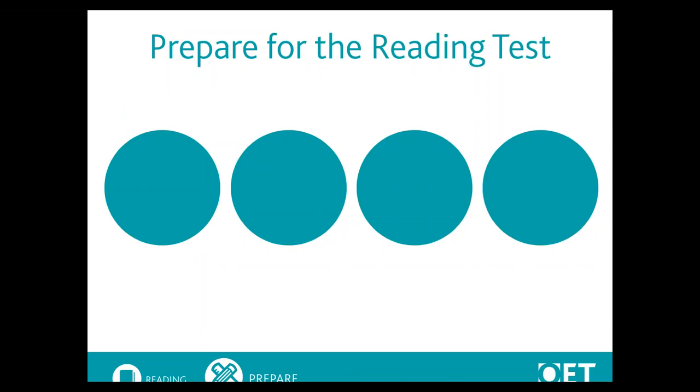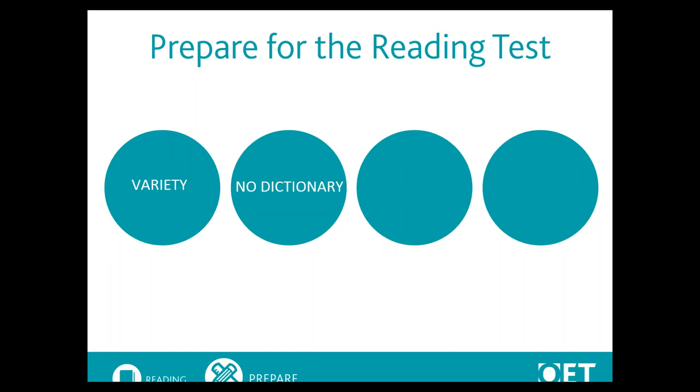To summarise, the best ways to prepare for reading are: read a variety of texts on a variety of healthcare topics. Don't be tempted to read with your dictionary. You need to train yourself to deal with unfamiliar vocabulary and texts, so checking words as you read won't help you to do this.